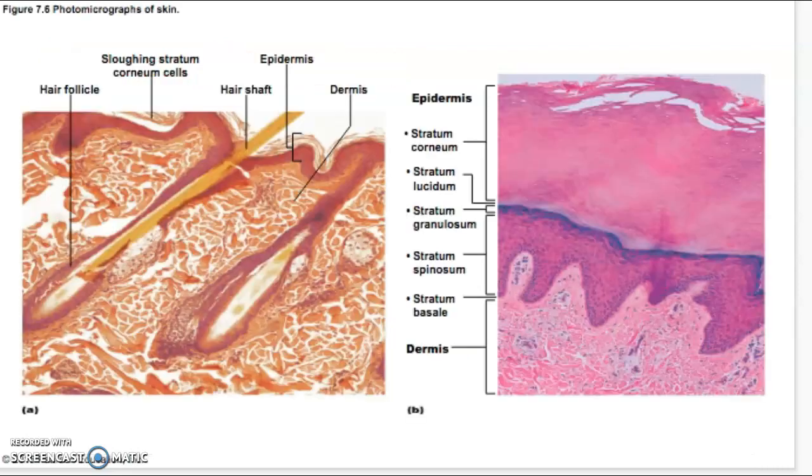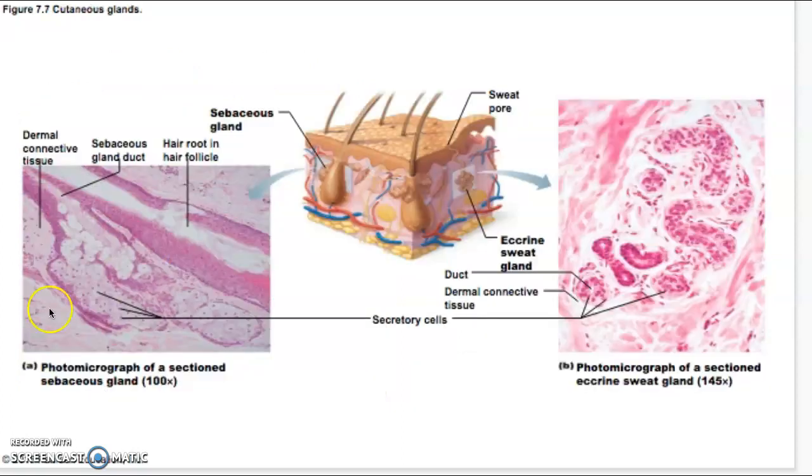Speaking of slides, we're just going to go through some of the structures here. Here is a hair follicle with its hair shaft and the sebaceous gland. We have the layers of the epidermis again. Here we can see the sebaceous gland a little bit better, and we also can see an eccrine sweat gland.